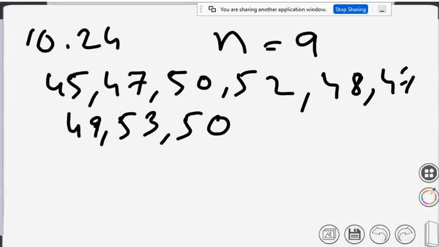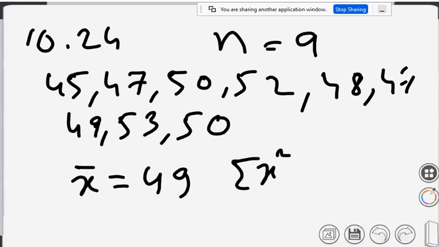The mean is 49 and the sum of squares of deviation is given. So mean is 49 already given, and sum of squares of deviation, xi minus x bar whole square, that is given as 52.